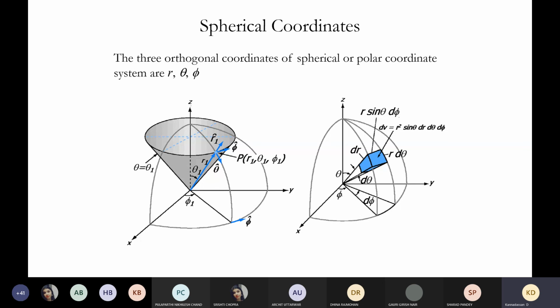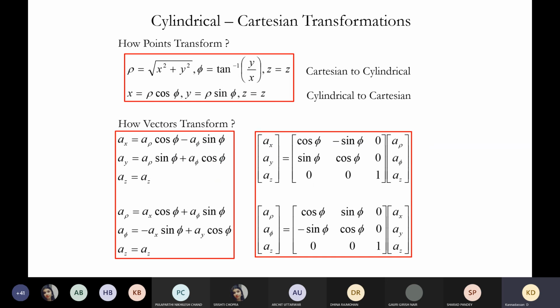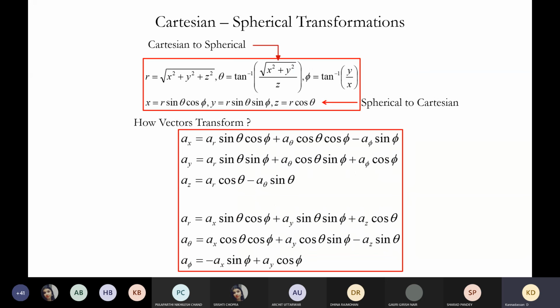That is why it is always used. The conversion between these 3 coordinate systems is very simple. They look big, but once you calculate sine theta, cos theta, sine phi, cos phi, you simply multiply and put the product there. So even though they look very big, they are very simple.